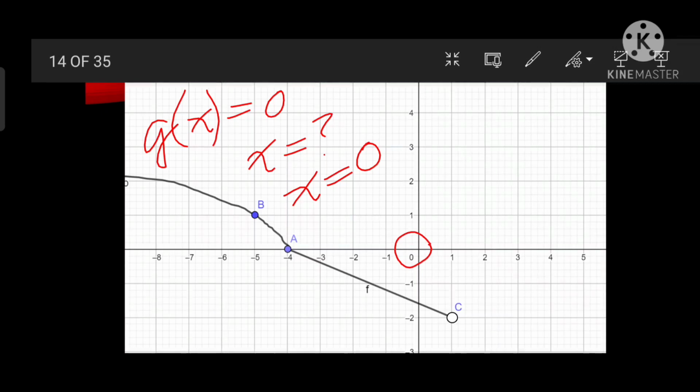So again, to find the value of f of x or y, we follow three simple steps. The first one is we find the x value on the x-axis and then mark that value on the x-axis. Second step, we go to the graph and trace with your pencil down or up to the graph.